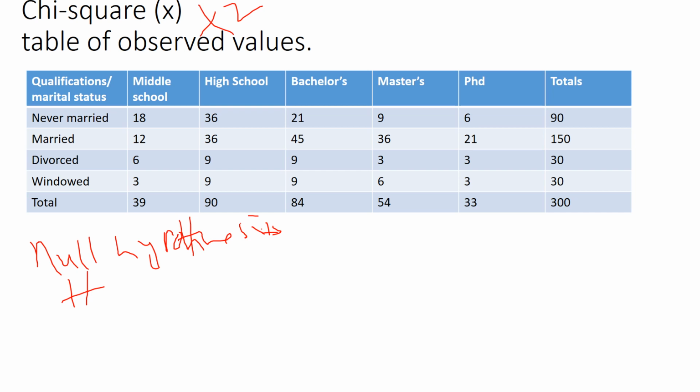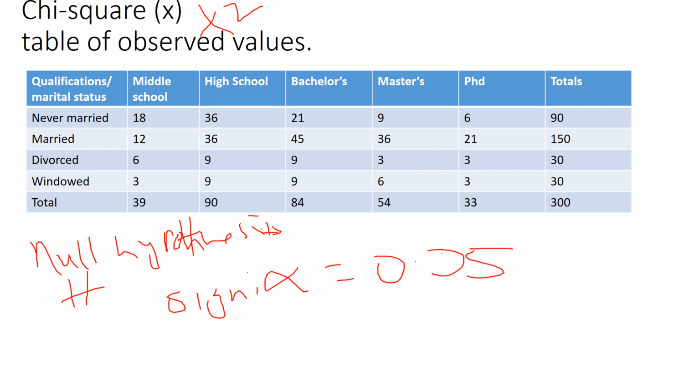So for us to be able to work out the chi-square, we need first of all to have the significant level, and in this case we are going to use the significant level of alpha equals 0.05.